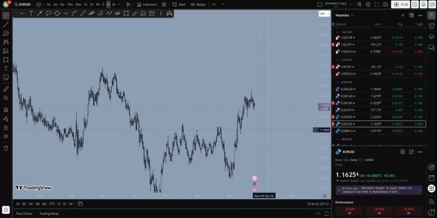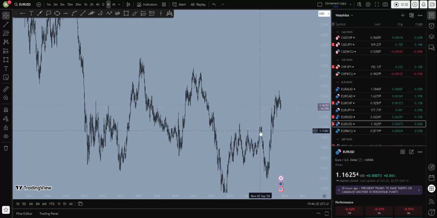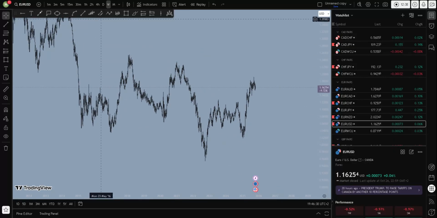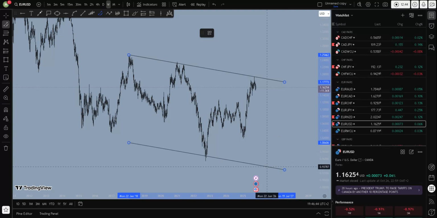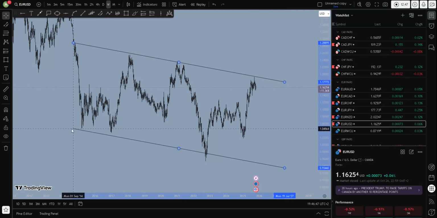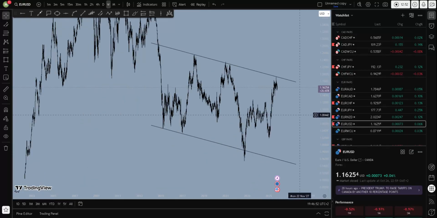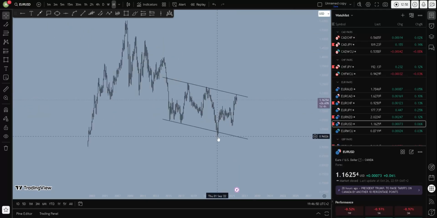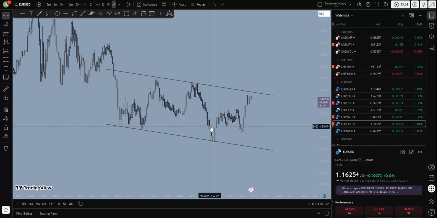Okay, Euro USD. Overall, basically some type of consolidation here. If you want to get technical, let's just see something. Yeah, it's moving in a bearish or descending channel.